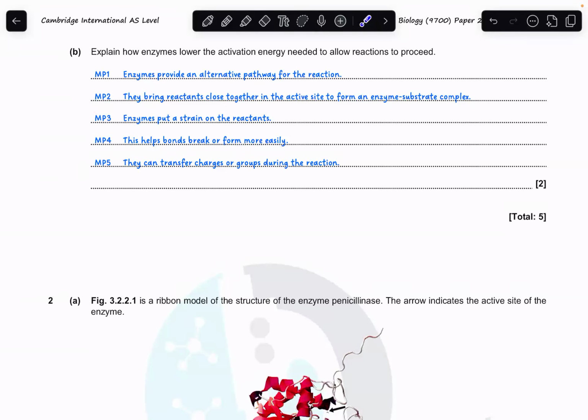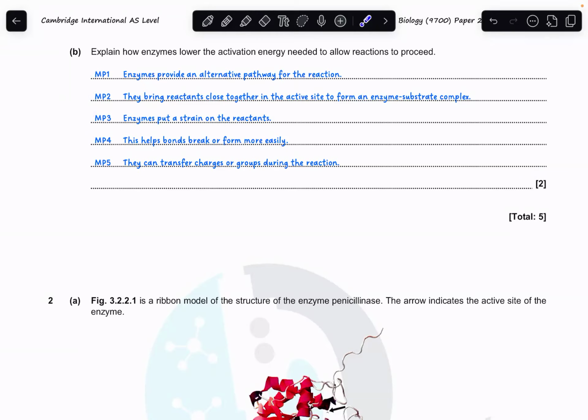Also, they can transfer charges or groups during the reaction. You can put in marking point 1 and marking point 2 to get the 2 marks, or marking points 1, 3, 4 together, to gain those 2 marks.